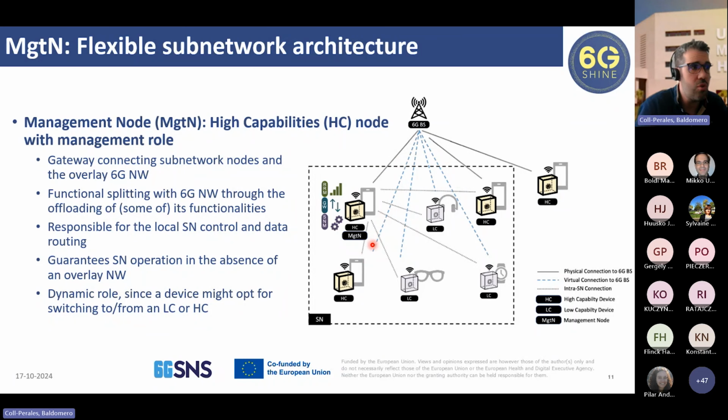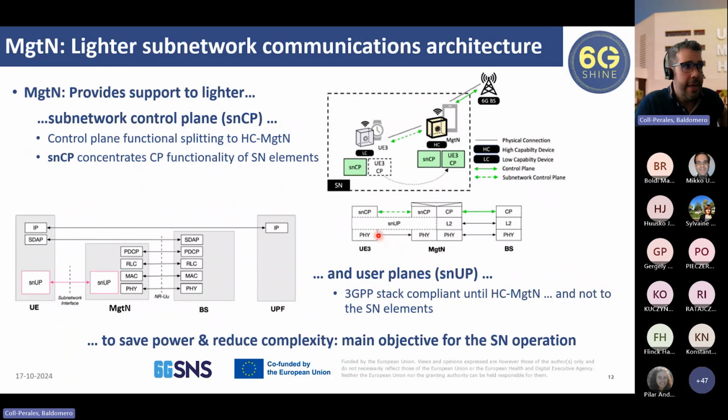It is important to note also that policies and mechanisms for the identification of the management node, and possibly changing this management node depending on the capabilities and willingness of the different nodes to take this role, are also a key part of our activities. The introduction of the management node in the subnetwork also allows for the definition of a lighter subnetwork communication architecture.